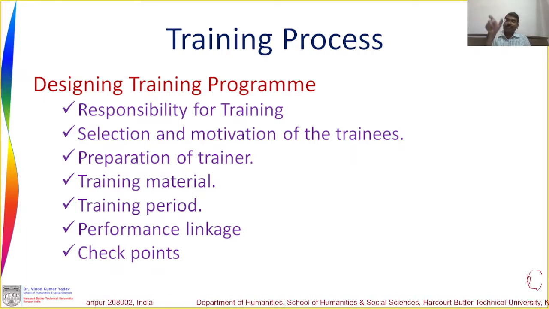In training policy, the checklist must be included for different categories, maybe different types of checklist. But when you program some training, you need to highlight those points which are very crucial to that training. So highlighting checkpoints again is very important for any training program to be successful.